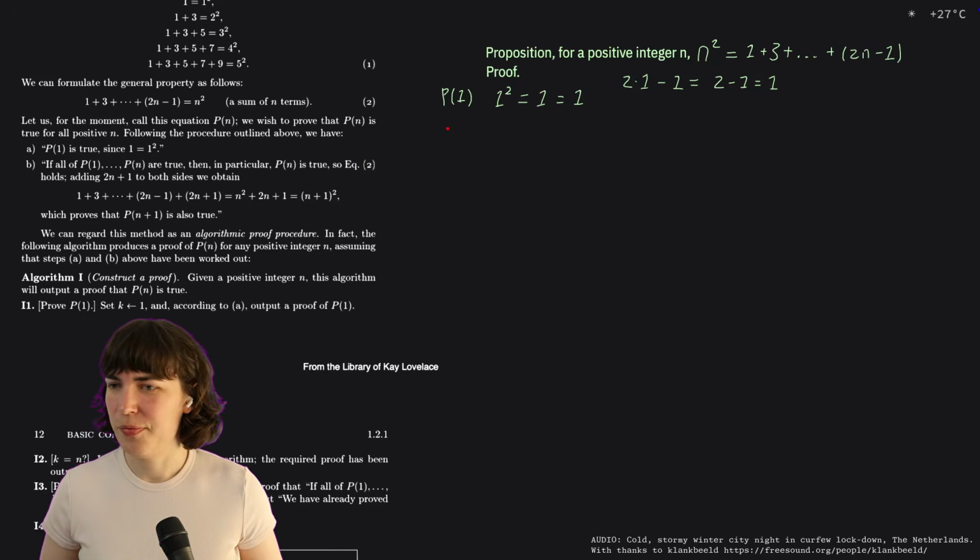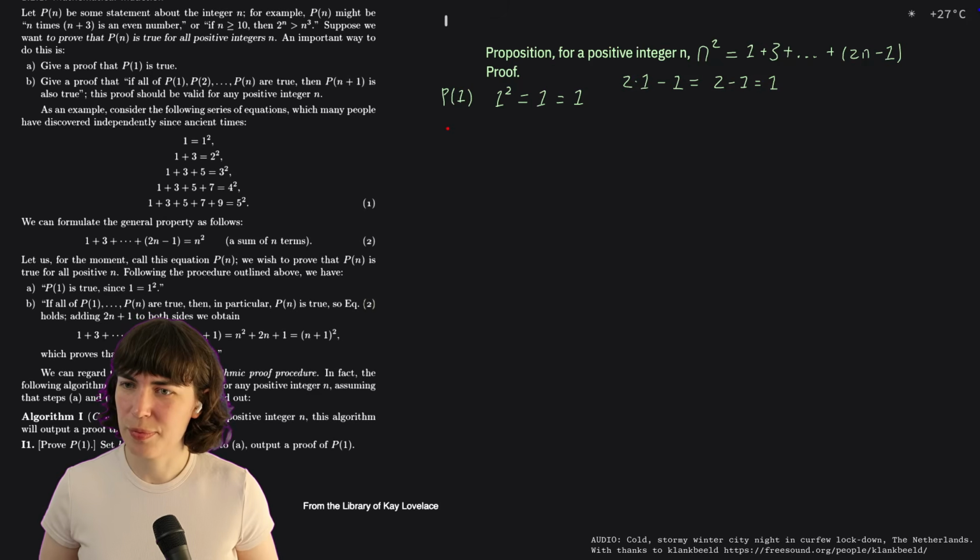Now, this other thing, we're thinking about the way the proof is structured.